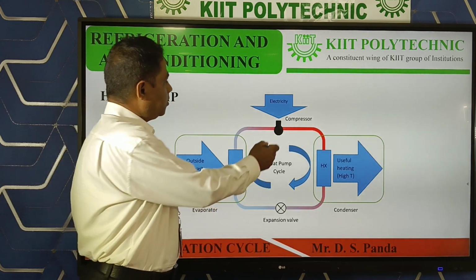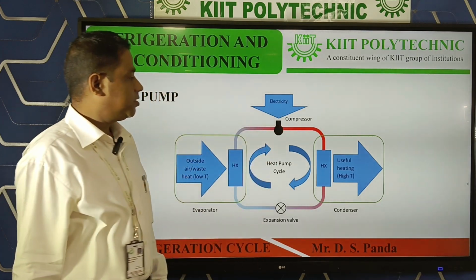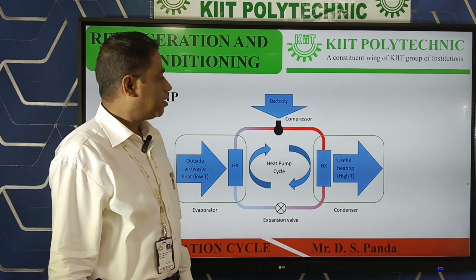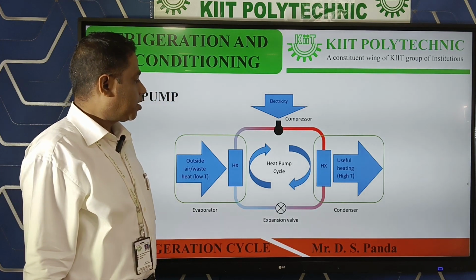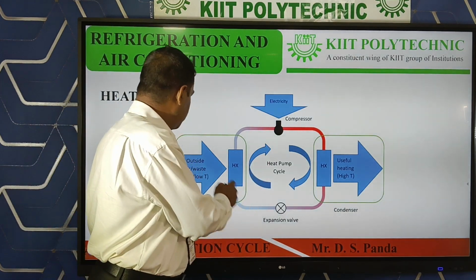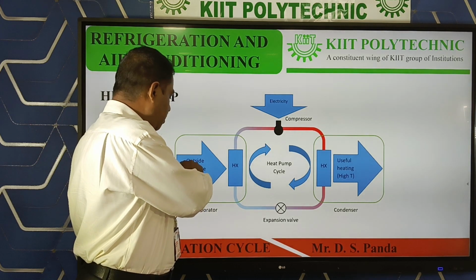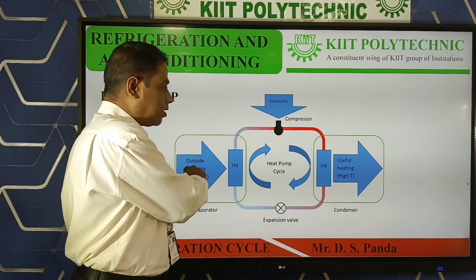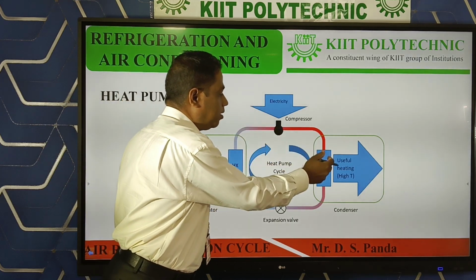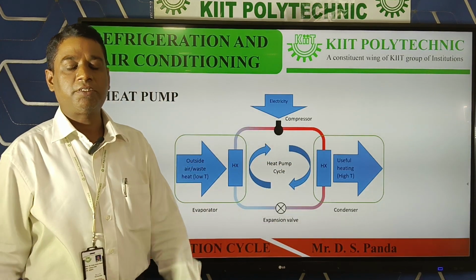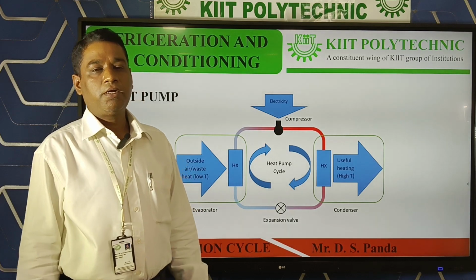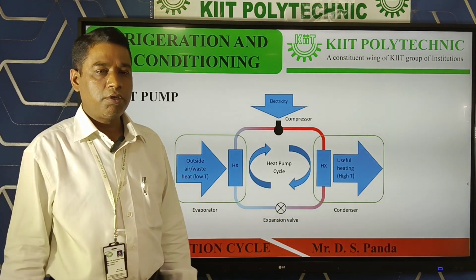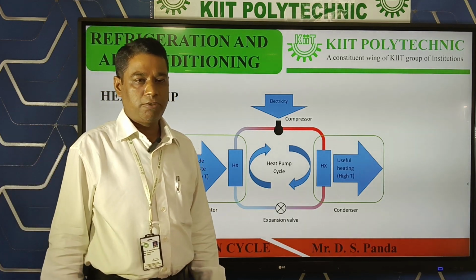There is a compressor and electricity supply given to the compressor, and the heat pump receives heat from the lower temperature region, the outside air, and delivers it to the particular space which is required to be heated.